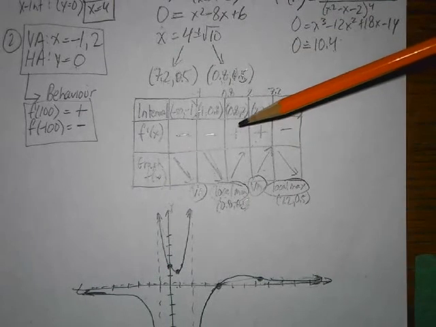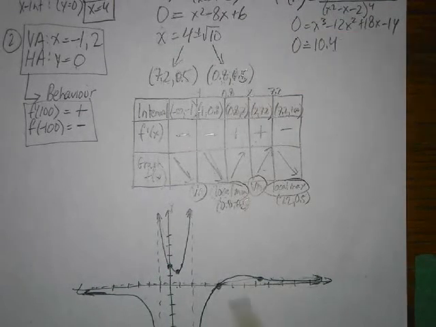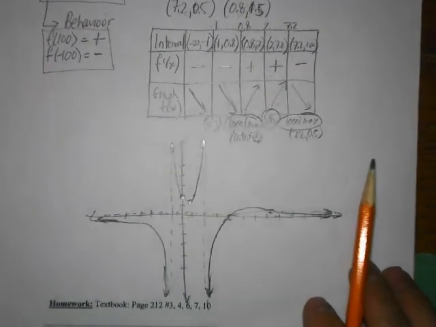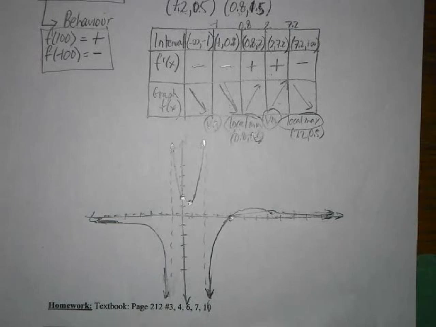And then be as accurate as you can in your graph. Like I said before, when you do this for your assignment, please either do a nice graph with a ruler, or even better, have a grid that you can hand in or scan.